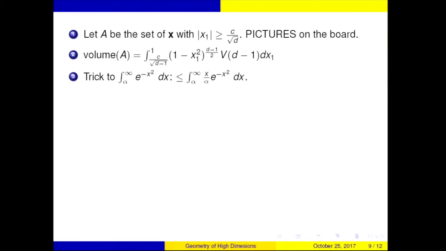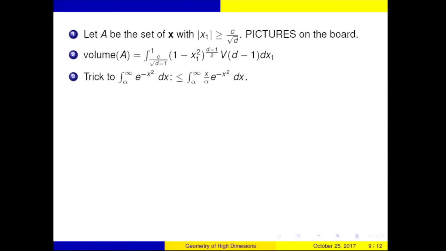So I get, a d minus 1 dimensional sphere of radius 1 has this volume, V of d minus 1. But now it has radius square root of 1 minus x1 squared, so you get that extra factor, times dx1. Okay, so is this correct? Am I being careful about the point I made, right? Yes, dx1 is perpendicular to this, right? So that's fine.